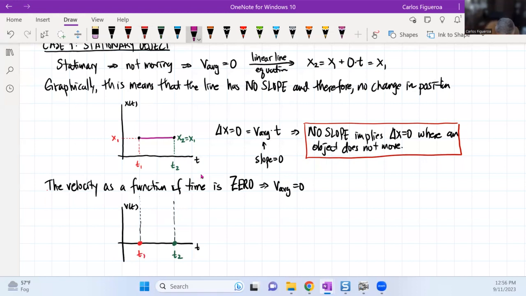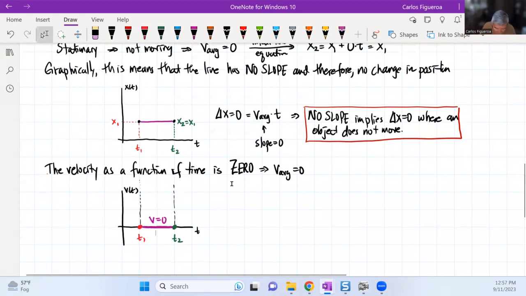There is no velocity. It's flat, because v is equal to 0. Again, that is no surprise. It's not moving.